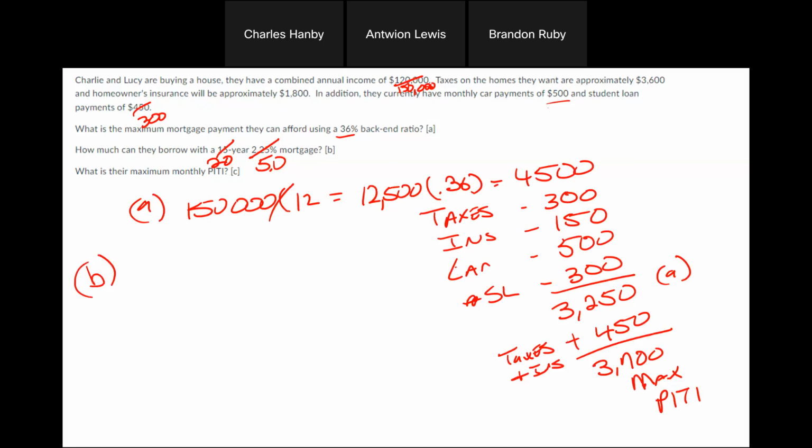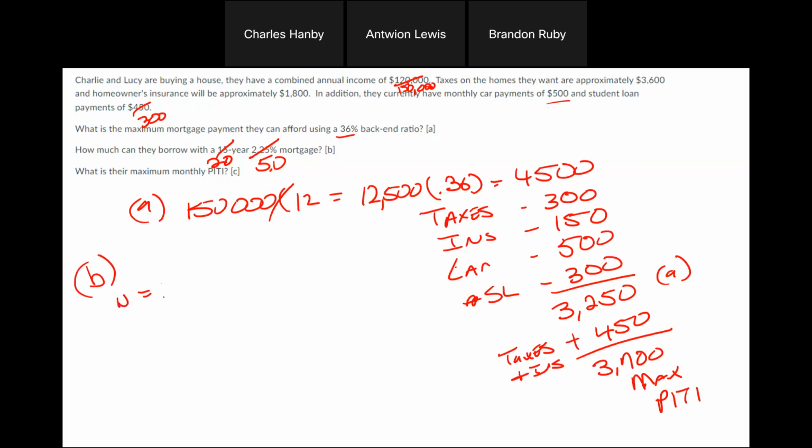What I believe most lenders are going to do is look at your front end and your back end ratio, and the lower of the two is going to be your max. I don't know that for a fact, but I suspect that is how they do it.